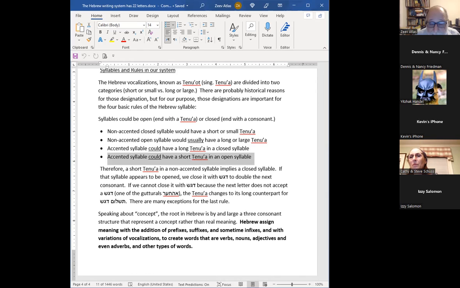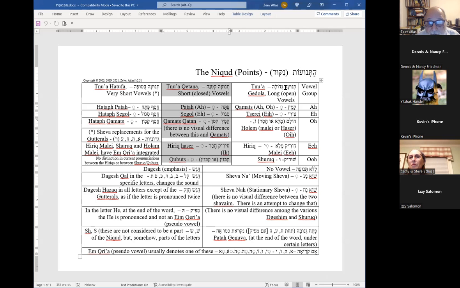Look at this word. I'm going to show you another, share another thing. Here, do you see the word tnu'a? The last consonant, the last syllable is open and with a tnu'a. A hey in this case is not read.